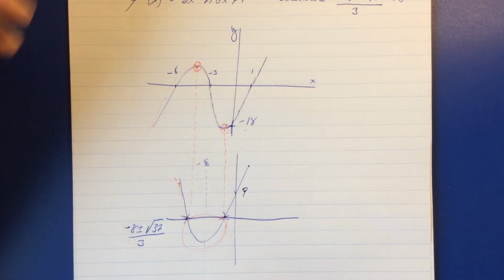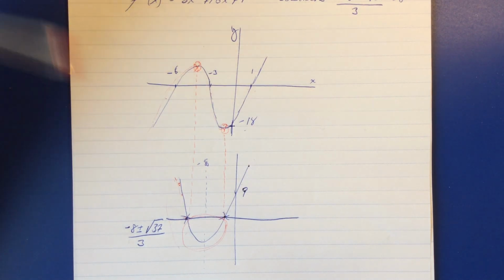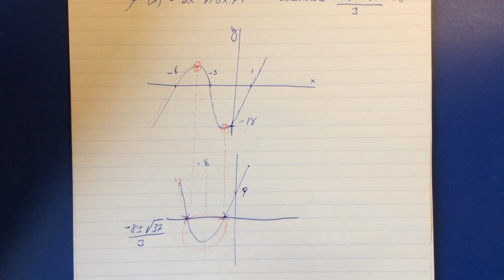That is how you read the graph of the differential of a cubic. And it goes without saying, but I'll say it, it is the graph of a quadratic, because when you differentiate, you move down by one order.